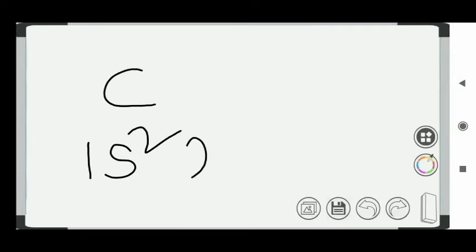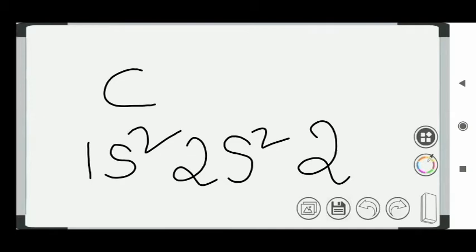Then after that, see here, if you go for the configuration of the compound, in ground state we are going to see the occupation of electrons of carbon as 1s2, then followed by 2s2, then followed by 2p2.